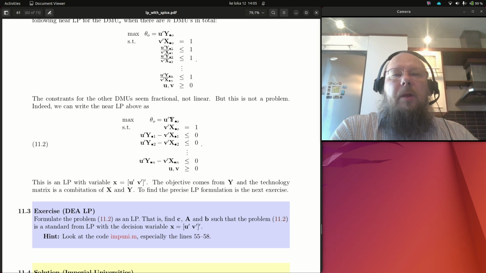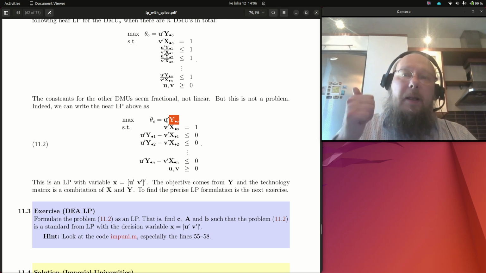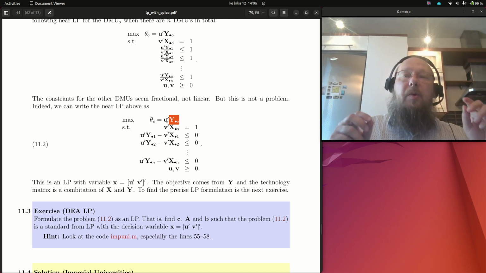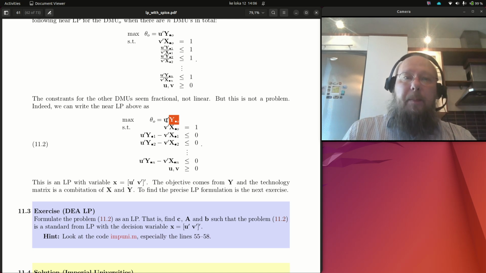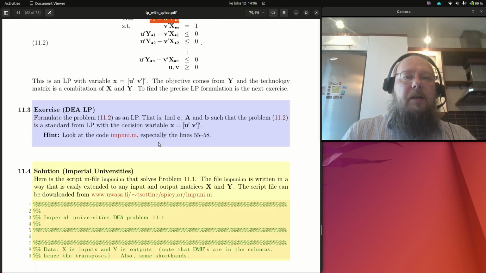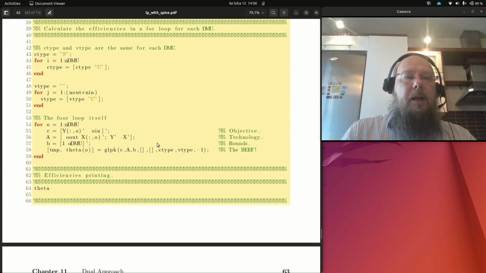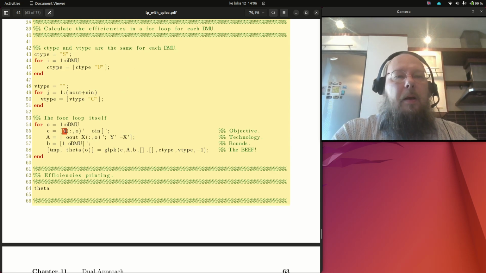Our decision variables are outputs and inputs, so we should have coefficients for the input variables too, but they don't appear in this maximization, so they are zeros. This here defines the C.